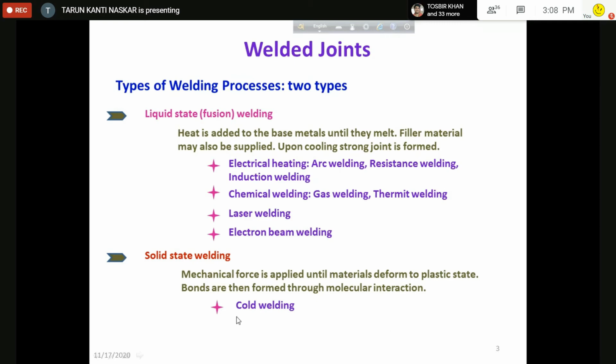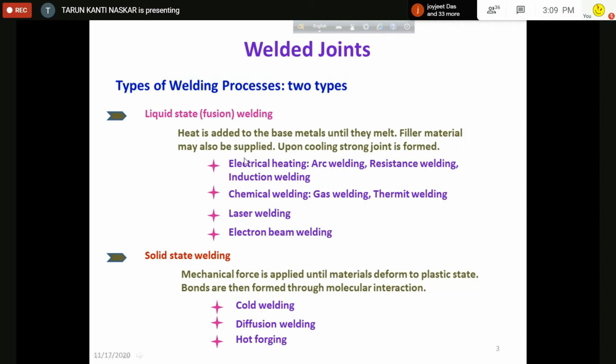Now one is cold welding, another is diffusion welding, and the third is hot forging. So these are the methods for solid state welding: cold welding, diffusion welding, and hot forging.